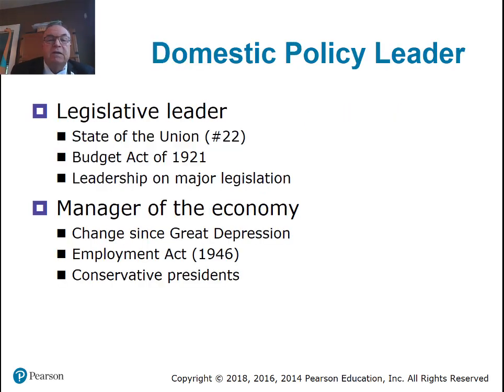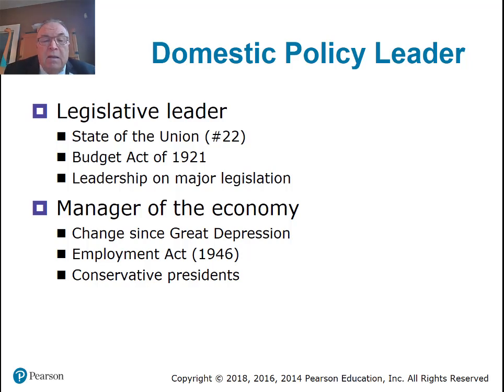Now, the president is domestic policy leader, and part of this is that he is supposed to bring to Congress once a year in his State of the Union, which is number 22. What is the State of the Union? This is constitutionally mandated, where the president presents his legislative proposals to Congress.